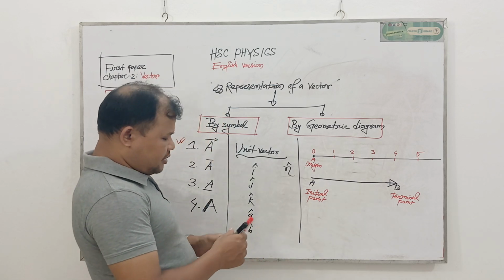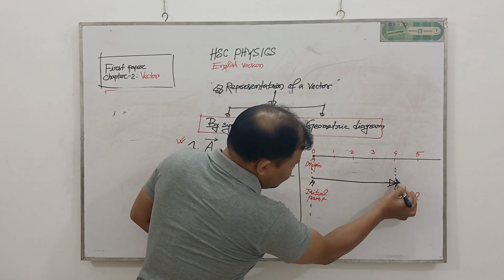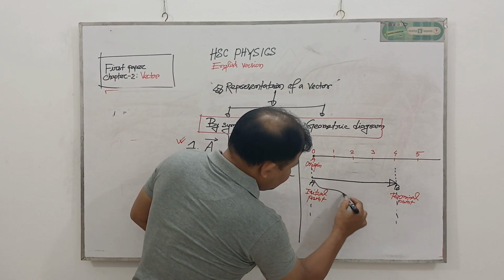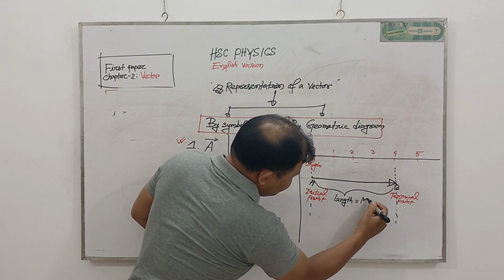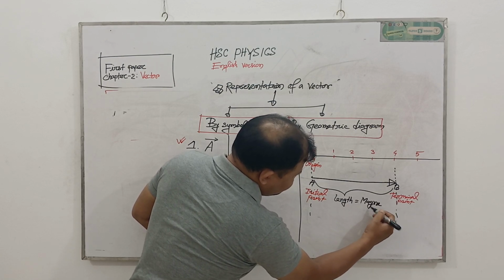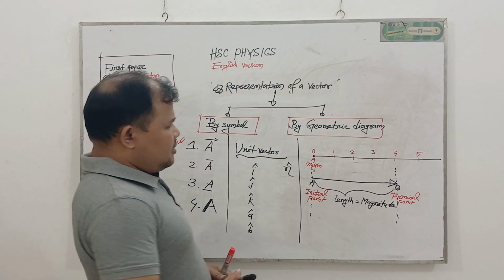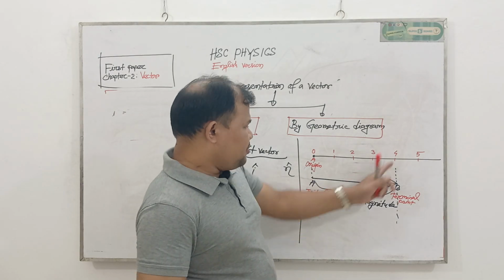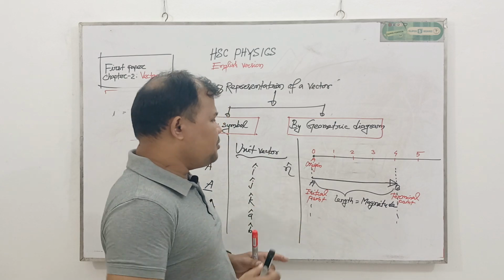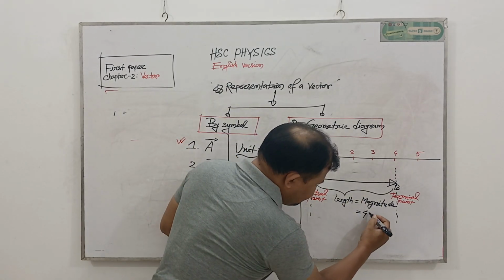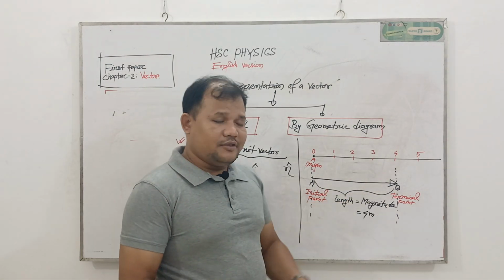Okay, my dear student, suppose the length of this line segment represents the magnitude of the vector. As we have taken 4 meters, 4 meters will be the length of AB, and this 4 meters is the magnitude of this vector, and the A to B arrow sign represents the direction of the vector.